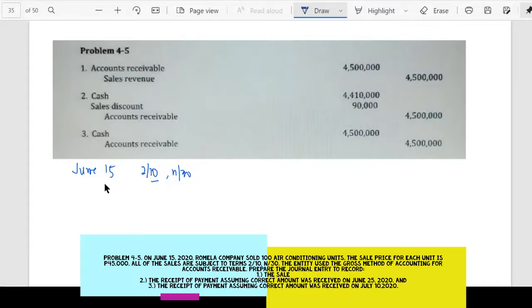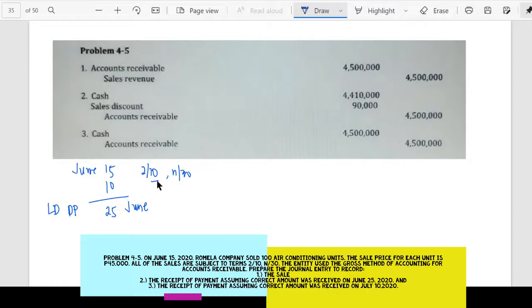So to know the last day of the discount period, we simply add 10. That's 15 plus 10, so that's 25. Meaning, the last day for the discount is on June 25.